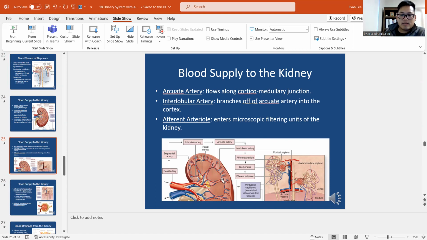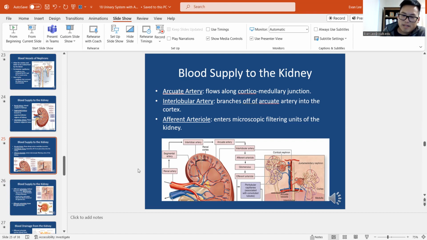So arcuate, I like to think of like an arc, kind of rounded at the top. Same thing here. This is the arcuate artery running along the top of the medulla at the very edge between medulla and cortex. But then look closely, and there are these tiny little ones that come out from the arcuate artery. These right here are called interlobular arteries.